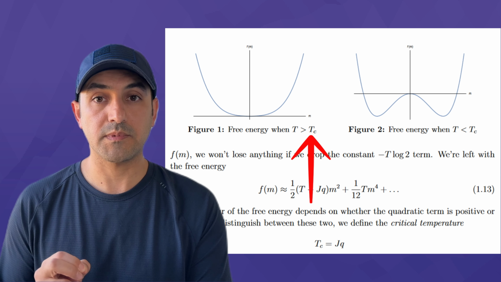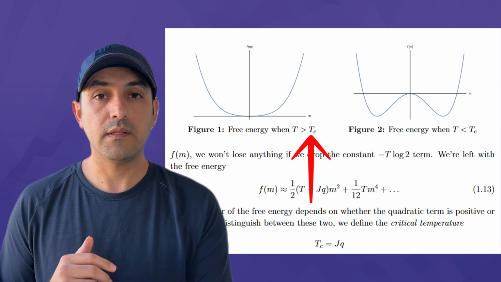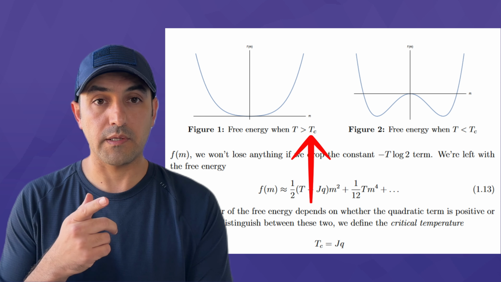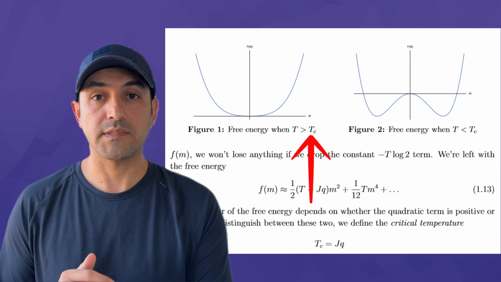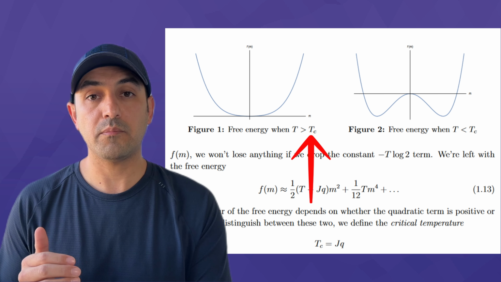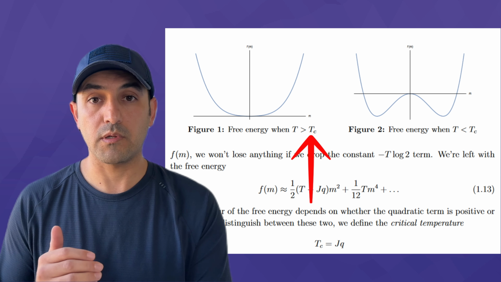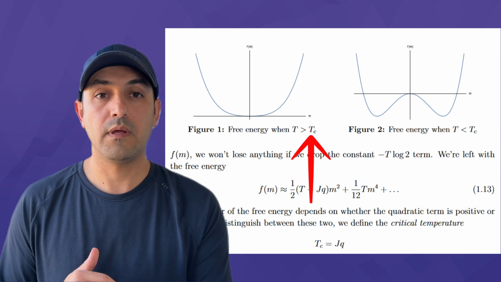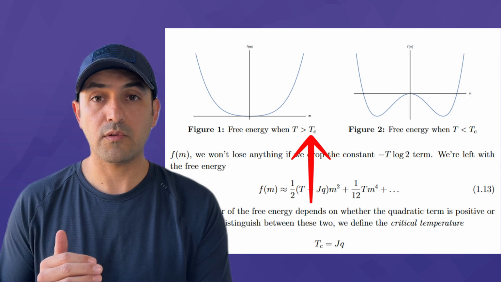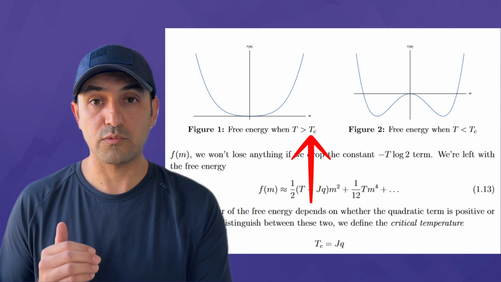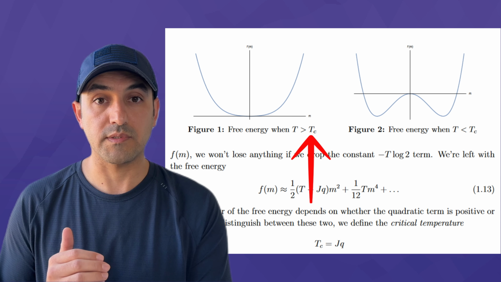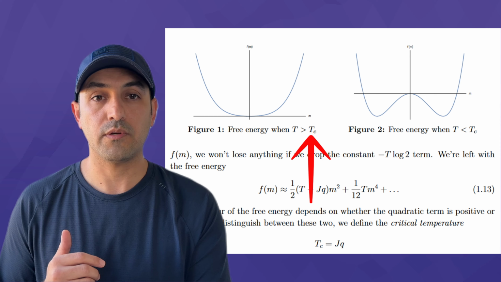If our system's temperature is above that, the landscape will look like the left figure. If our system's temperature is below that temperature, the landscape will look like the right-hand side figure. In terms of a deep neural network, the temperature is tuned by the input layer of the neurons in the first layer of the network.